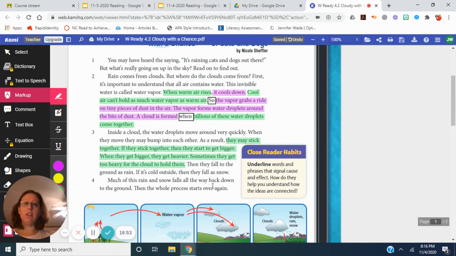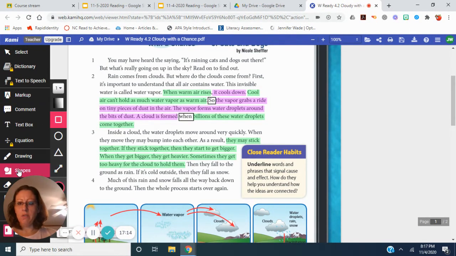All right, so there's our cause. What happens because they get too heavy for the cloud to hold them? What's the effect? Okay, so I do see a signal word.